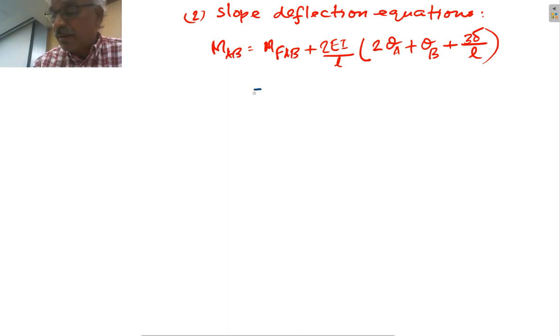We know MFAB is 0 because AB is not loaded in the lateral direction. So equal to 0 plus 2E.